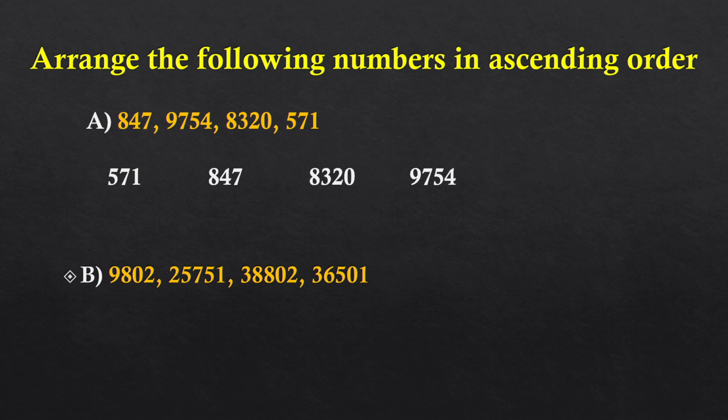Yes, which one is smallest here? 9802, correct. Next number 25,751 and here it comes 36,501 and the least one and the greatest one is 38,802. Yes, well done students.